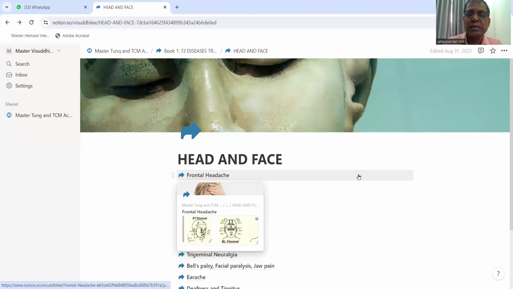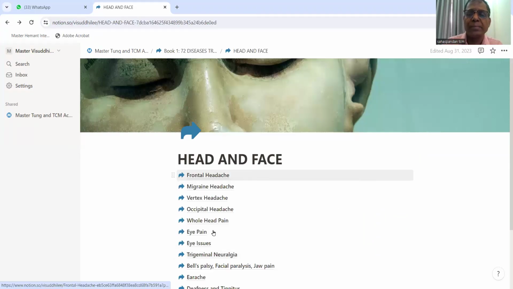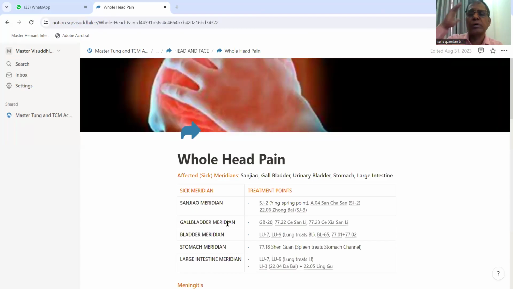And last is the whole head pain. If the whole head is aching, whole head pain, then all meridians are affected: Sanjiao, gallbladder, triple heater, urinary bladder, stomach, and large intestine.